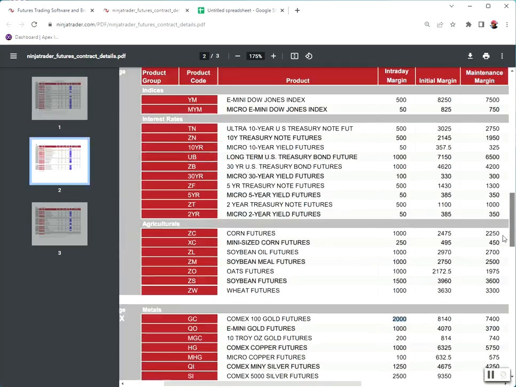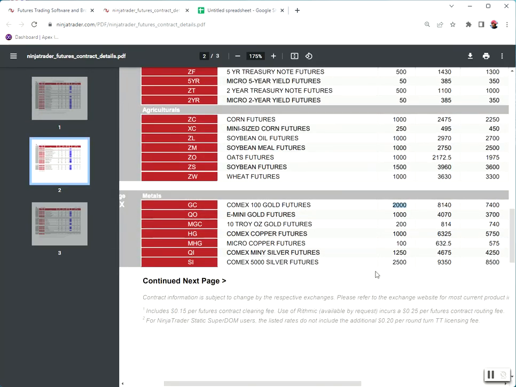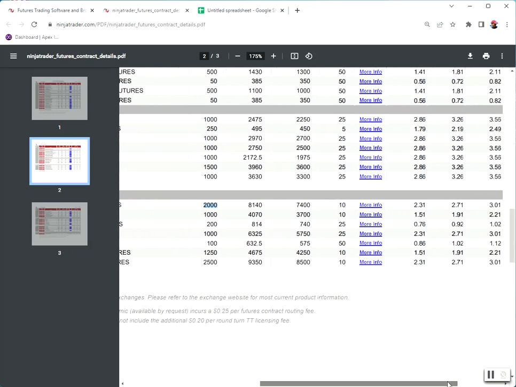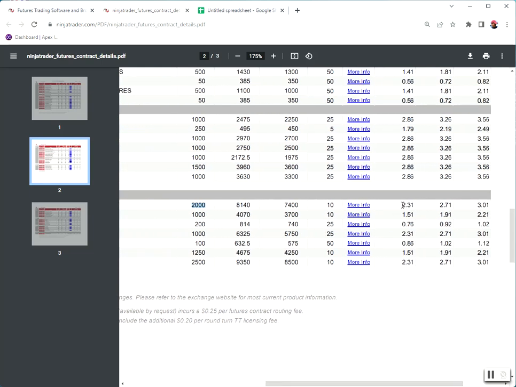It means that you have to have $2,000 in the account in order to trade one contract for E-mini gold, and the commission is $2.31 for a lifetime license, and $2.71 for the lease version of the trading platform, NinjaTrader, and $3 is for the free version. Now, that's one trip.